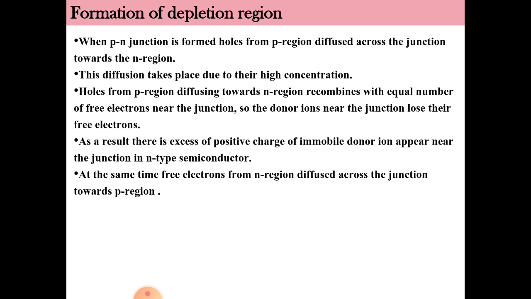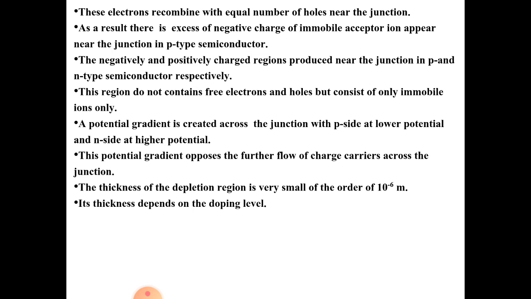At the same time, free electrons from the N region diffuse across the junction towards the P region. These electrons recombine with an equal number of holes near the junction.